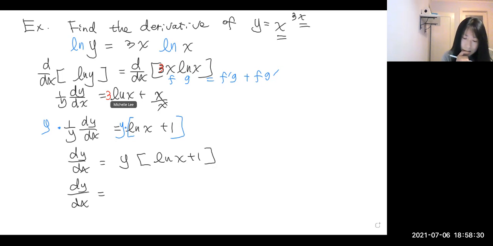And then 3x, correct? 3x times 3 ln x. How about we factor out the 3, right? There is a 3, factor out the 3. Then there will be the y, right?